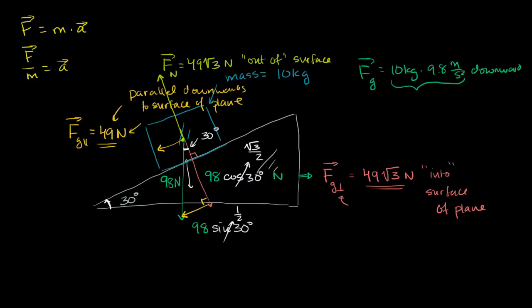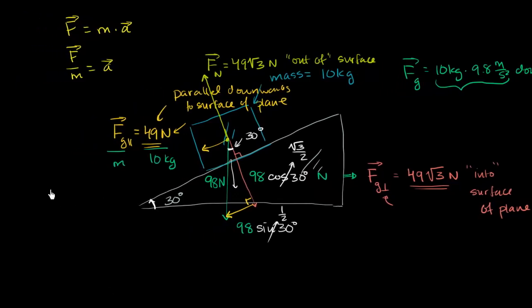If you divide it by mass, that's the same thing as dividing it by 10 kilograms, and that will give you our acceleration. So acceleration is 49 newtons divided by 10 kilograms in this direction right over there. 49 divided by 10 is 4.9, and newtons divided by kilograms is meters per second squared.